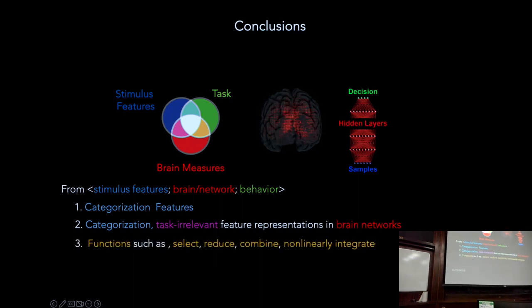And once we get there, we can start inferring functions of selection of task-relevant features, reduction of task-relevant features, linear combination of task-relevant features, nonlinear integration of task-relevant features, and therefore start to derive an algorithm that explains how stimulus features give rise to behavior.